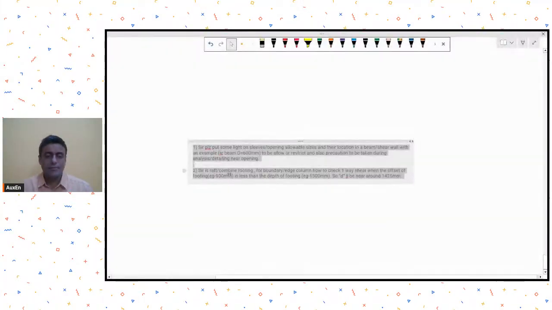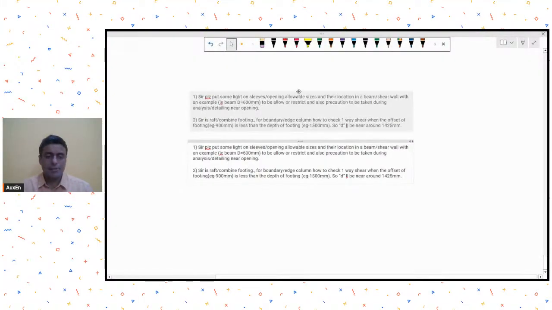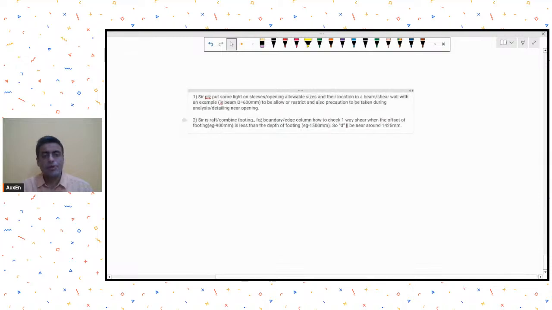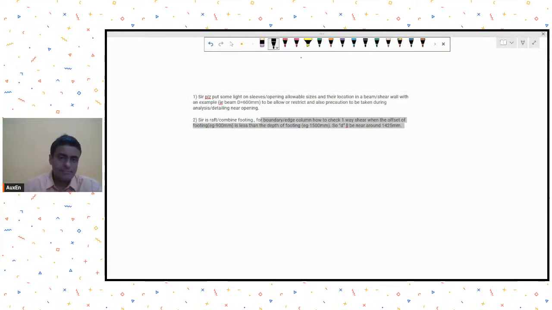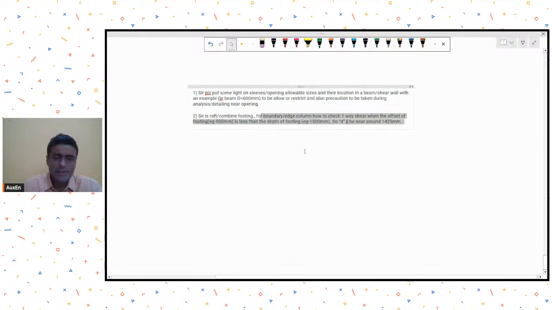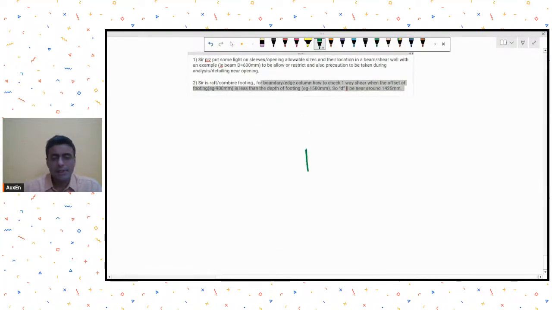So if you see his second question, Mr. Pritesh is saying for boundary or edge columns, how to check one-way shear when the offset of footing is small. Okay, so it's a general question. I'll just take it as a general question.